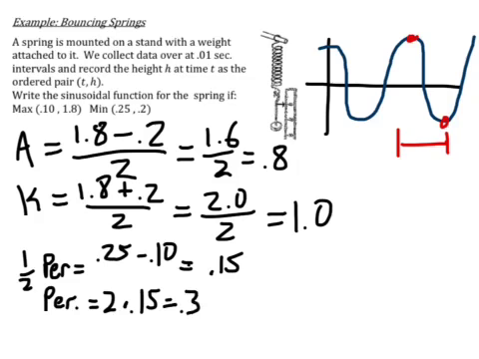And now for a sine and cosine function, the period is 2 pi over b.